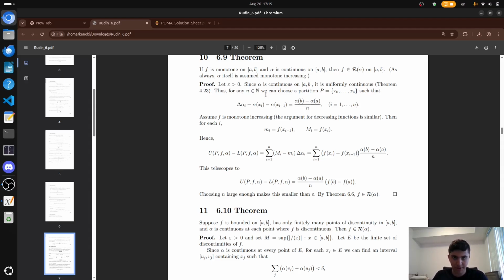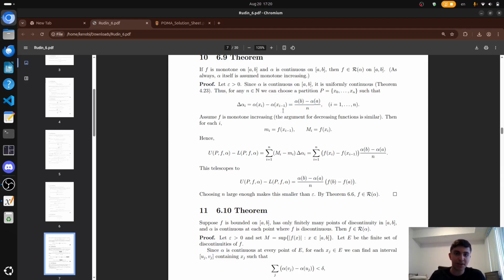Let epsilon be greater than 0. Since alpha is continuous on [a,b], it is uniformly continuous by theorem 4.23. Then for any n in N, we can choose a partition P = {x0, ..., xn} such that delta alpha i = alpha(xi) minus alpha(x(i-1)) is equal to (alpha(b) minus alpha(a)) divided by n.